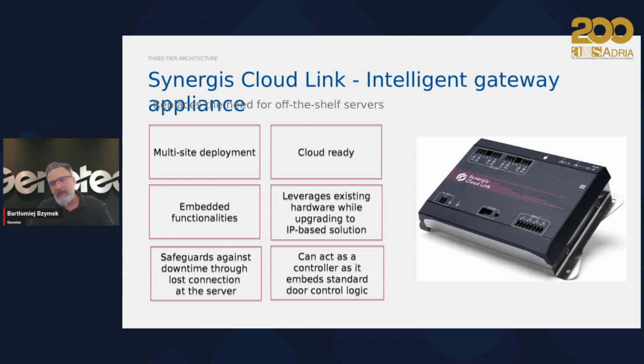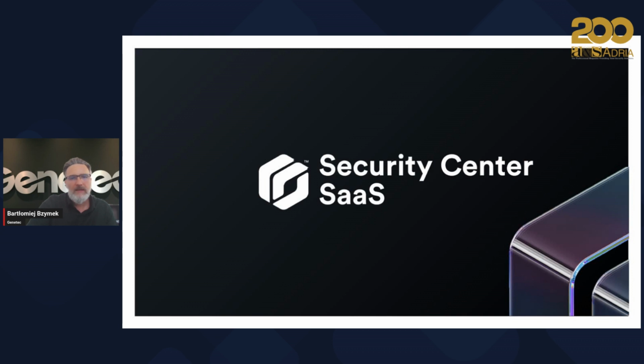At the same time, it gives you reliable backup of your communication. If you lose your communication with the access manager, Cloud Link, with its peer-to-peer communication, can still keep the security online and execute the policy from the access manager.